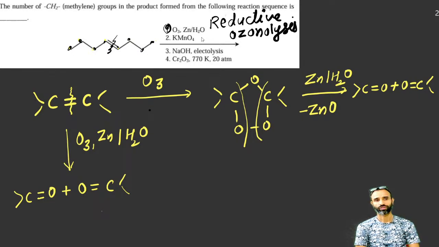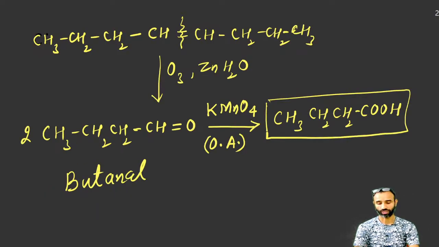Okay, so you can write it as COOK, because in KMnO4 nothing else is given. Right, potassium salt of carboxylic acid, and then on acidification we get carboxylic acid.